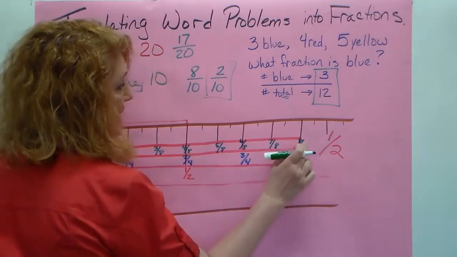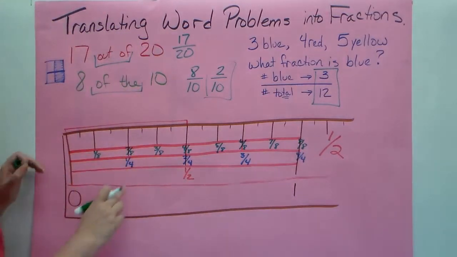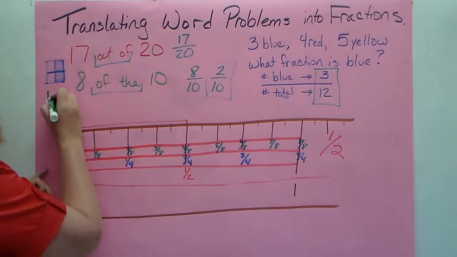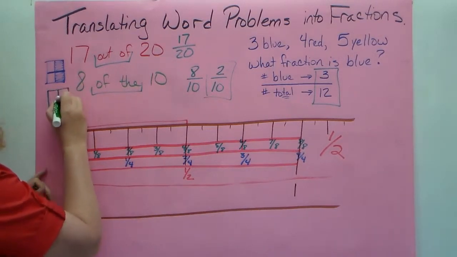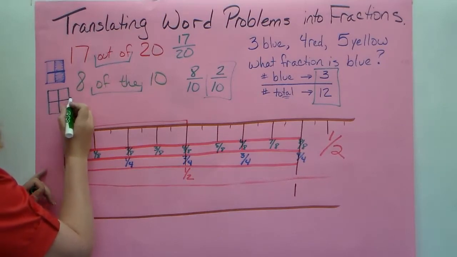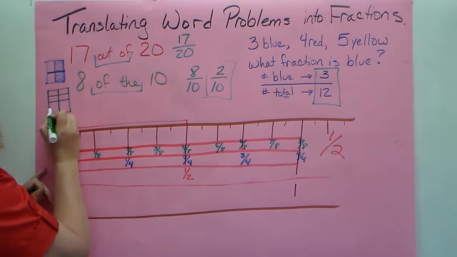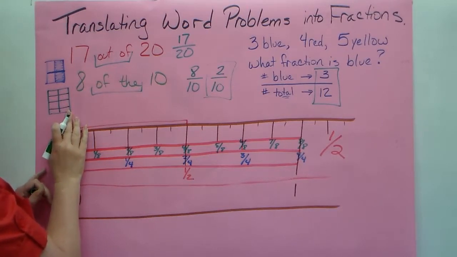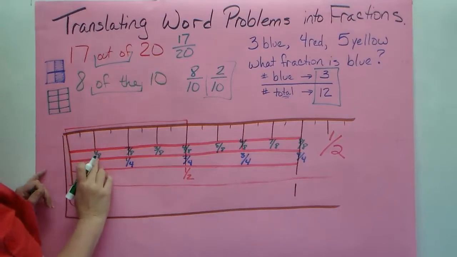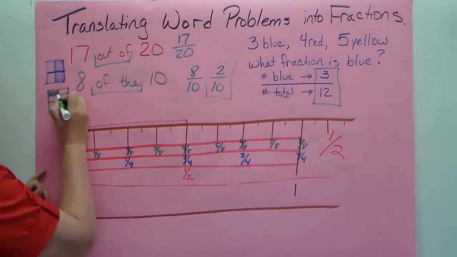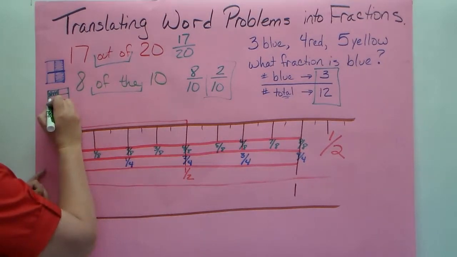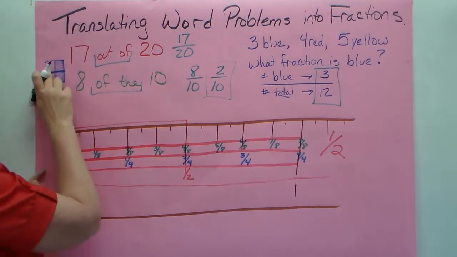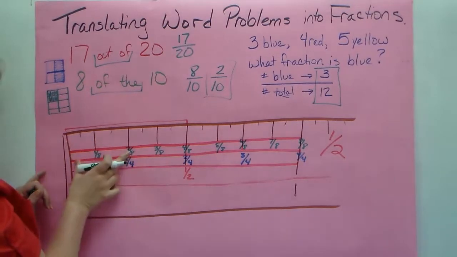And 8/8 again is 1. And again, I've got a lot of repeats. So if I cut something into 8 pieces and I'm just talking about 1, that's 1. But that's 2. And notice how 2/8 and 1/4 are the same thing.